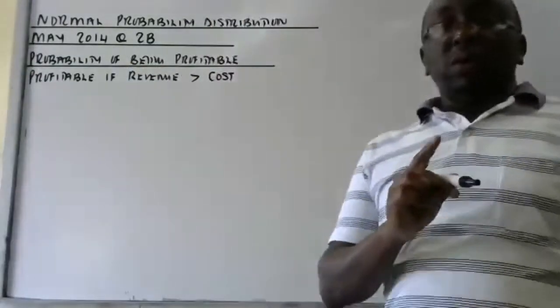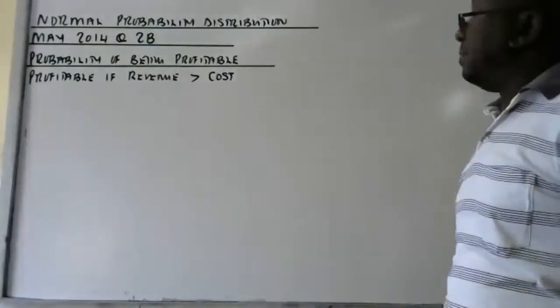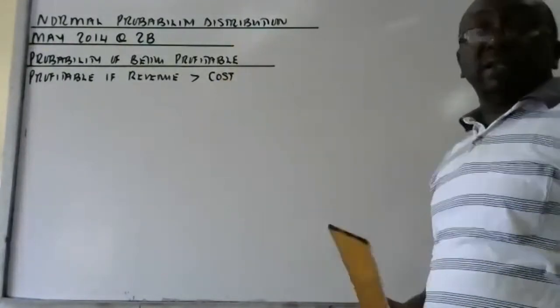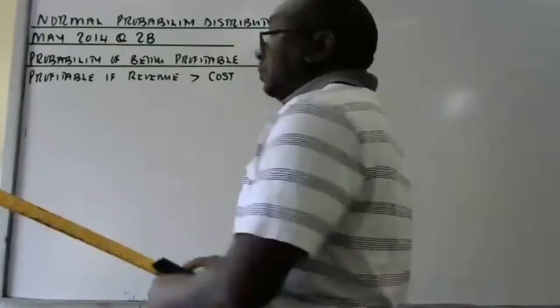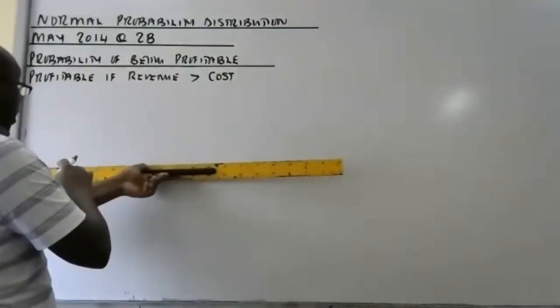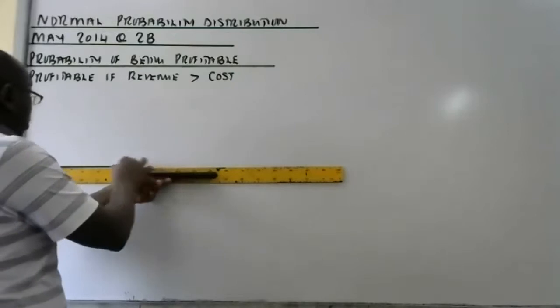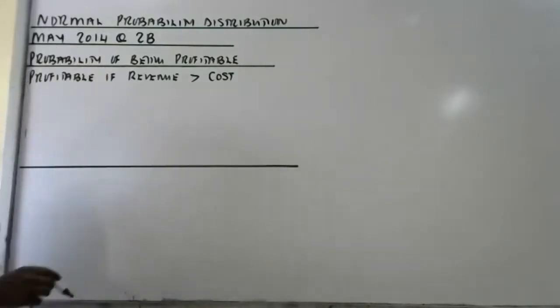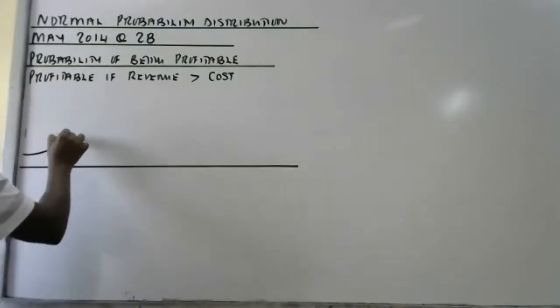So we will be looking at the probability that revenue is greater than cost. That will require that we draw a diagram that looks like this.